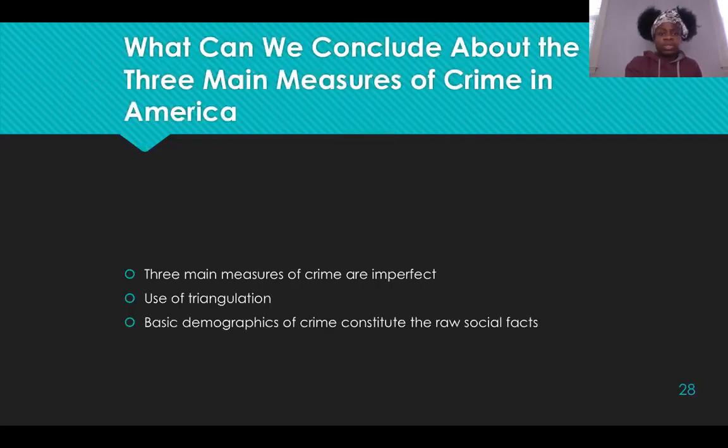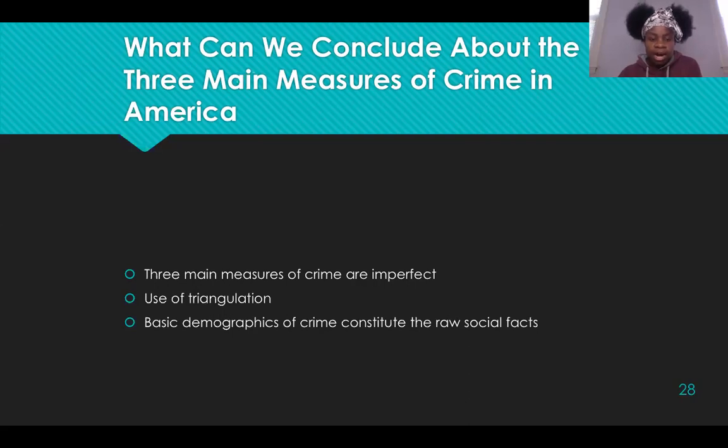So what can we conclude about the three main measures of crime in America? They are obviously imperfect. The UCR still probably is the best single source of data for studying serious crimes, and the only one for studying murder rates.